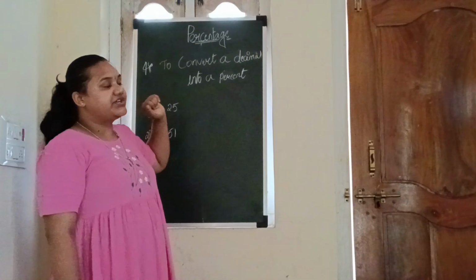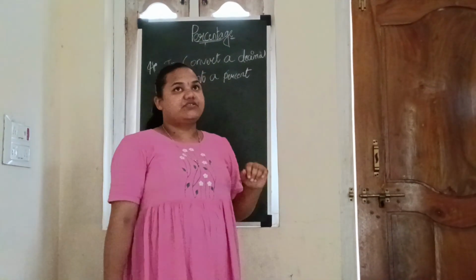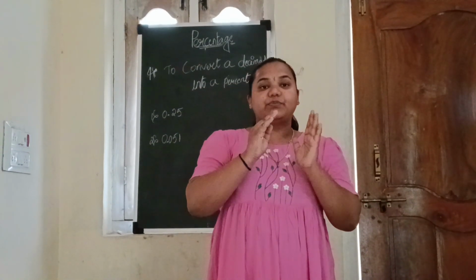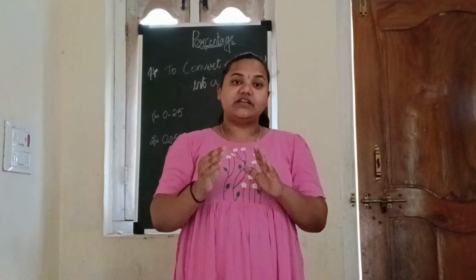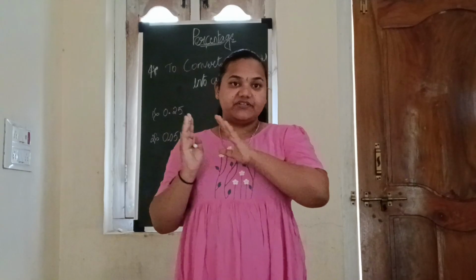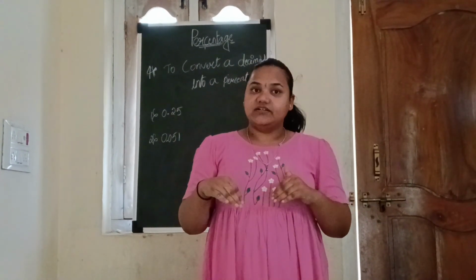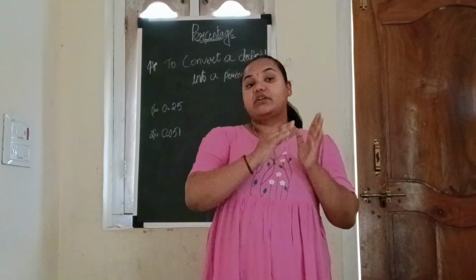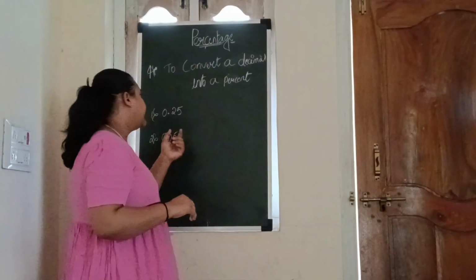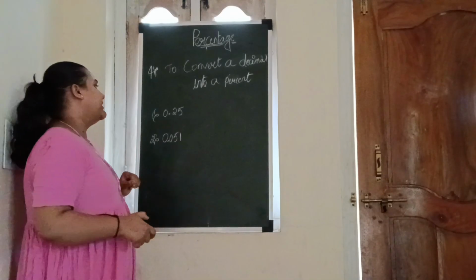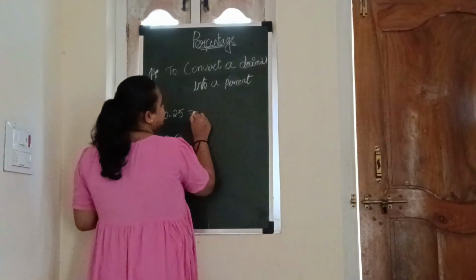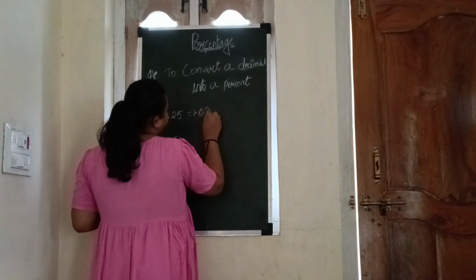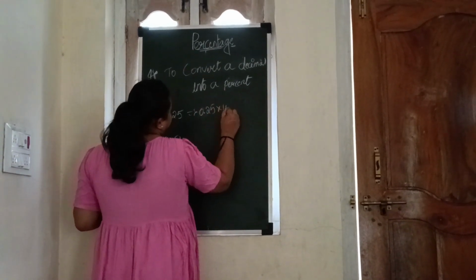Here is another conversion, decimal into a percentage. When converting percentage into decimal, we shift the decimal point from the left side of the digits. But when converting decimal into a percentage, we shift the decimal point to the right. If we check here, 0.25 multiplied by 100, we shift two places to the right, which gives 25%. That's it. Here is another example: 0.051 into 100.